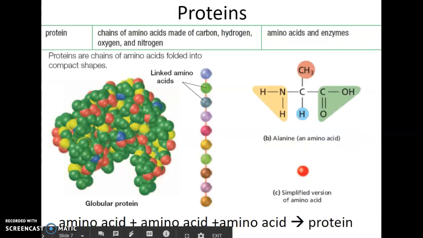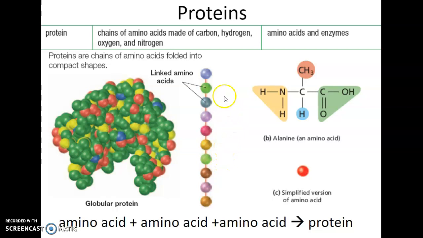The next macromolecule of life is proteins. Proteins are polymers made up of amino acids. There are 20 different types of amino acid in the human body. The sequence of amino acids determines what the protein shape will be. We did the protein folding lab on this, where you saw the chemical properties of the different amino acids as they fold and twist around each other to make a more stable chemical situation for themselves.